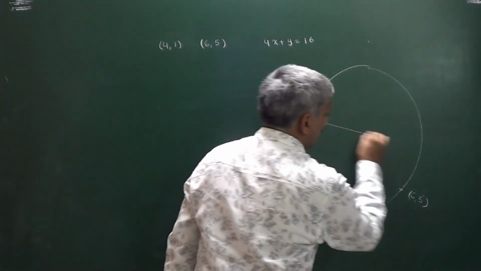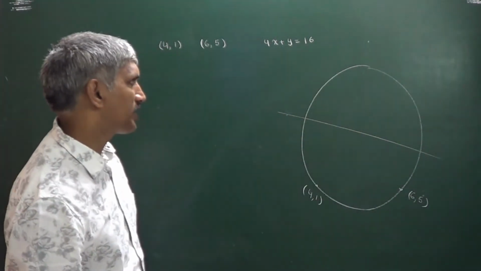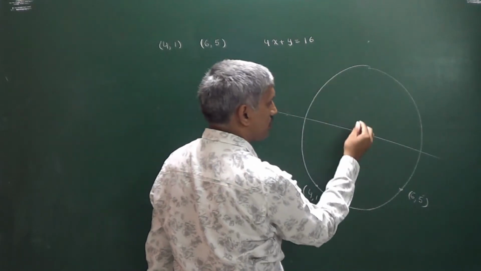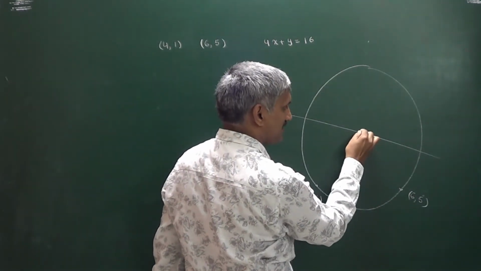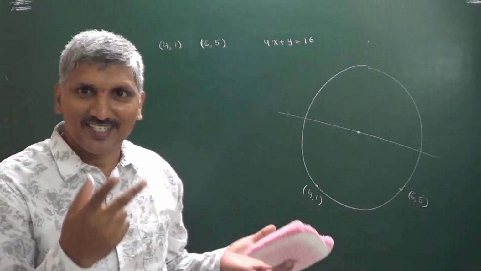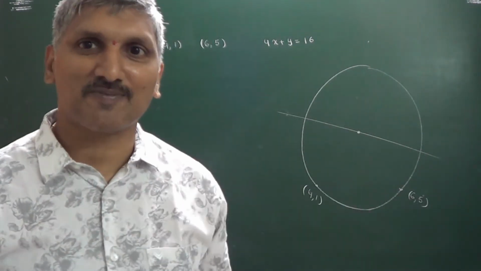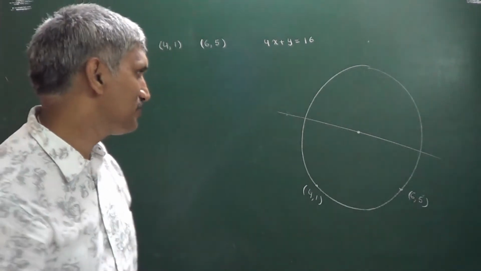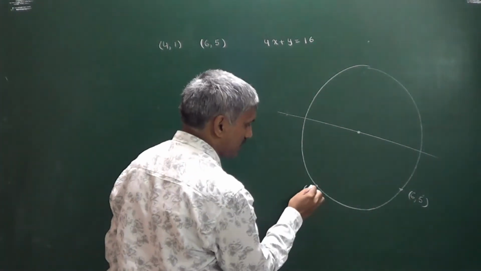And this is, say, the line 4x plus y is equal to 16, no doubt. This is the center of the circle, because center lies on the line 4x plus y is equal to 16 given. So that's why that is the center of the circle.